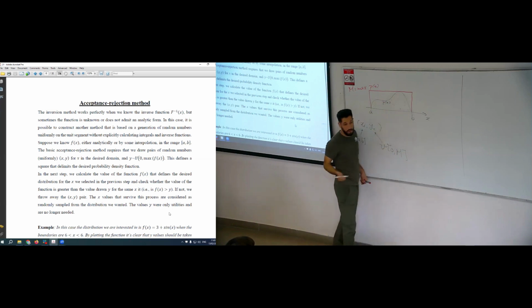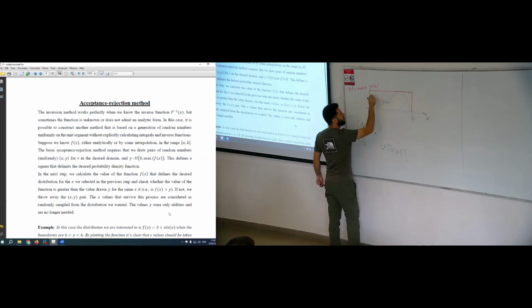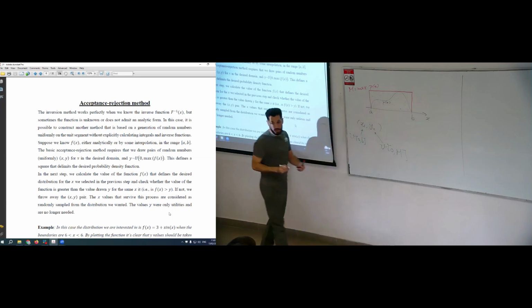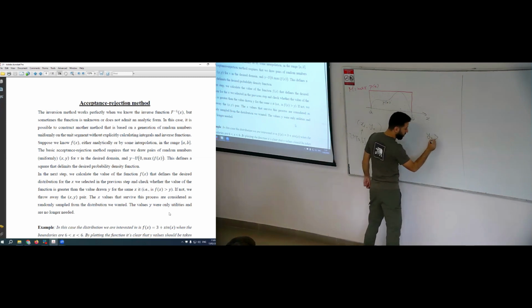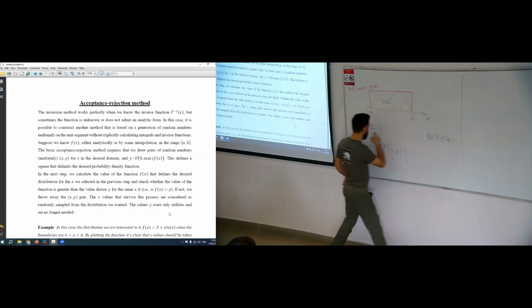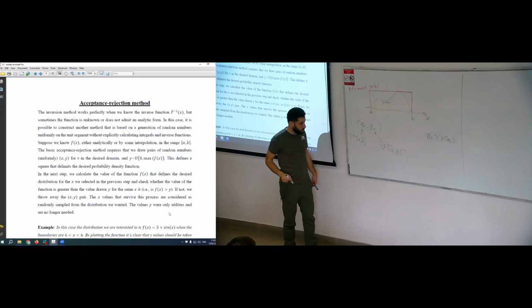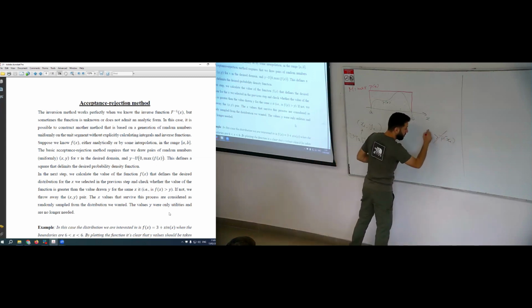Part of them will be here, but also part of them will be here. For every pair that has a yi that is bigger than p of the xi in that pair, I drop the pair itself.